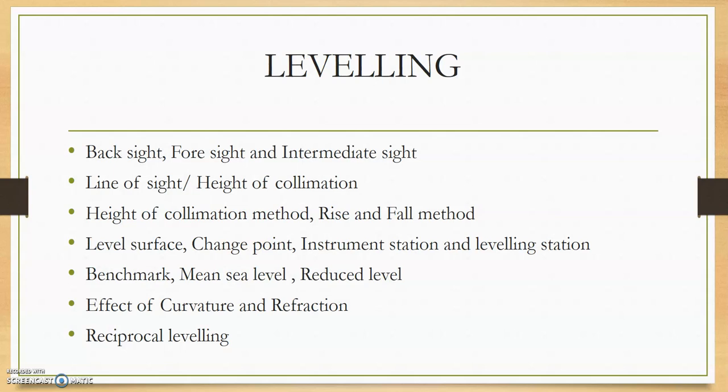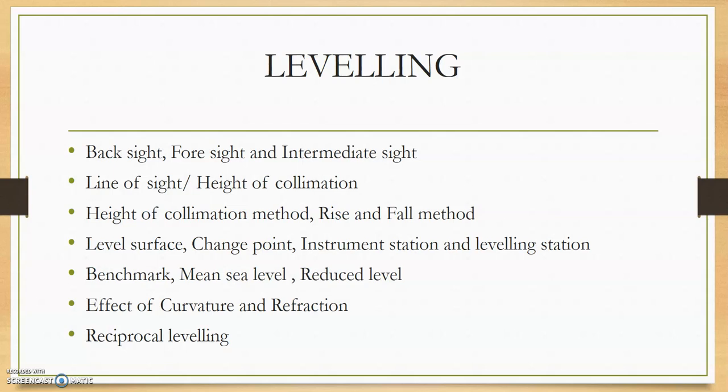Change point. The change point is where the instrument was shifted. A change point has two values: one is backsight, and the other is foresight. Whenever the reading was not able to proceed, the instrument has to be shifted for some reason.